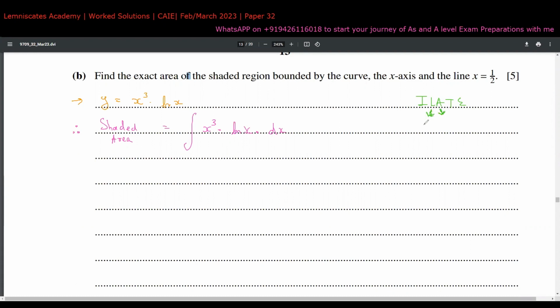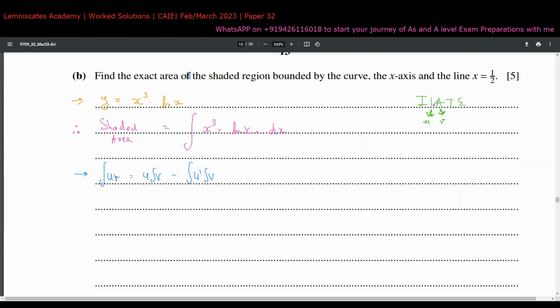So ln x becomes your u and x cube becomes your v. So you can say that integration of uv is equal to u integration of v minus whole integration of u dash integration of v. That's the formula when two things are multiplied, with the help of integration by parts. How do we decide what's u, what's v? The quick way is to use this kind of thing.